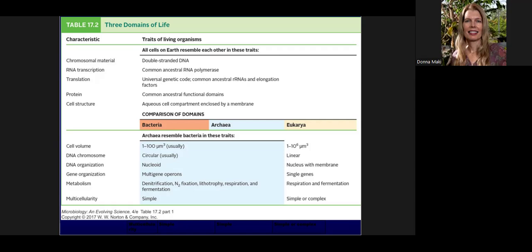But then down here, they start to say, okay, there are some differences. What are they? And so you have the 3 domains, and they're saying, well, bacteria and archaea have these traits in common, right? And then the eukarya differ from those two in having slightly different situations going on. So that's how you interpret that table.